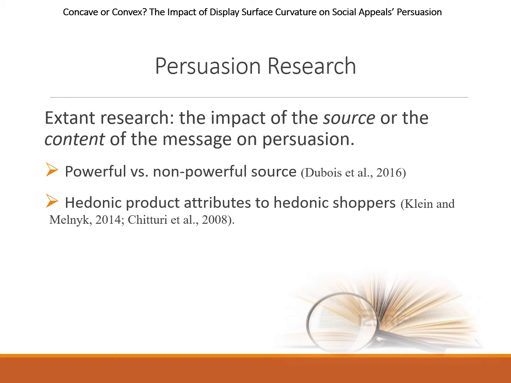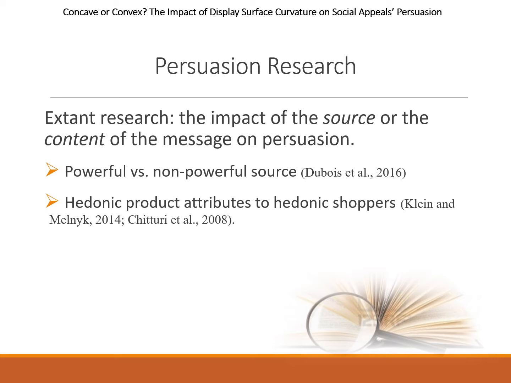The existing research on persuasion has largely examined the impact of the source or the content of the message on persuasion. For example, information from a powerful versus non-powerful source is more persuasive, right? And advertisements focusing on hedonic product features are more persuasive to hedonic shoppers.